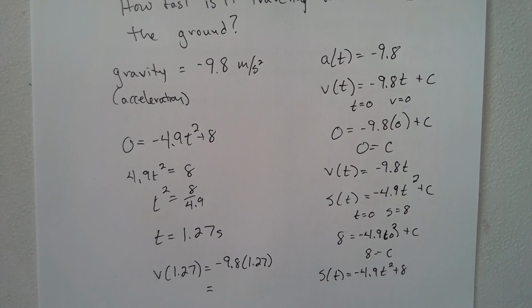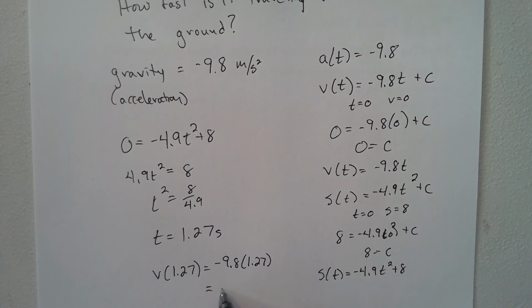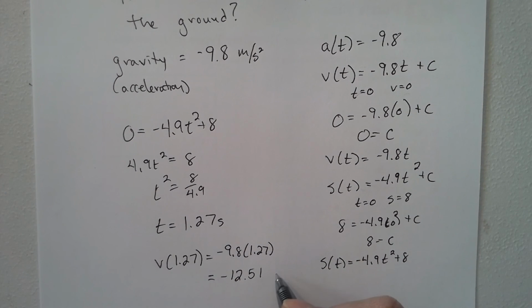So what did you say, Noah? You got negative 12 something? Okay, Carter, what'd you get? Negative 12.51. Okay. And this was 1.27? Yeah. Okay. So that would be meters per second is our velocity.